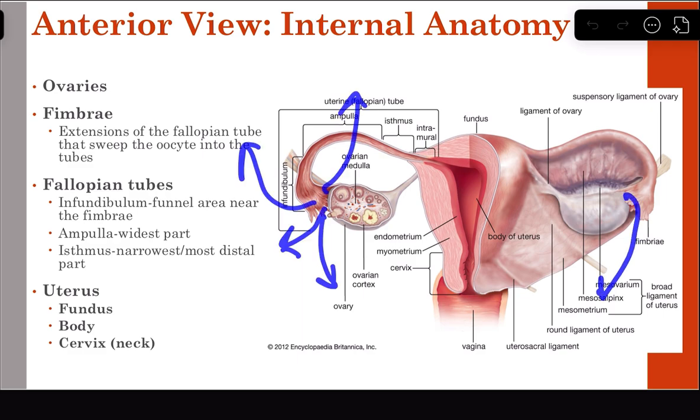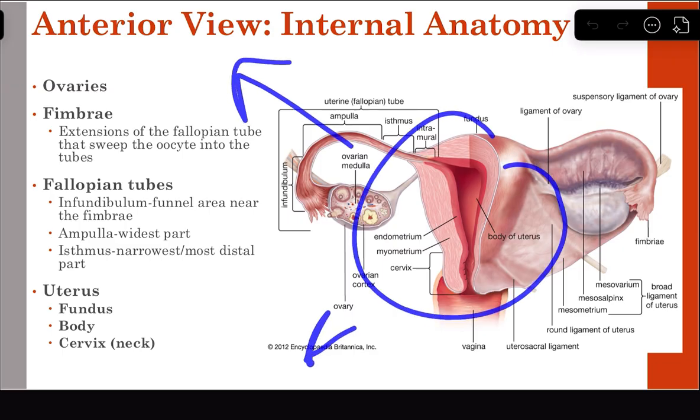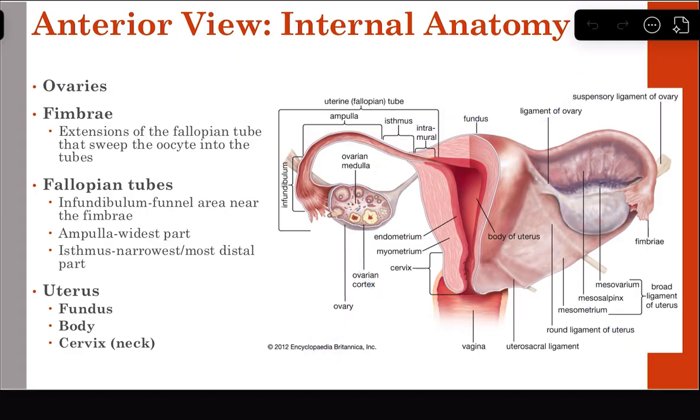And this can be, of course, devastating. It's referred to as a condition called PID, pelvic inflammatory disease, and that can be very devastating, not only to the reproductive organs, but other organs within the pelvic region. Okay, so we'll just leave it at that.